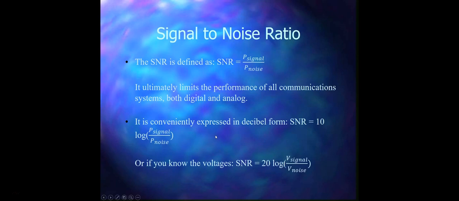Here you see the formula for voltage signal to noise ratio, which is given by 20 log V signal by V noise, and this formula has been obtained from the above formula.